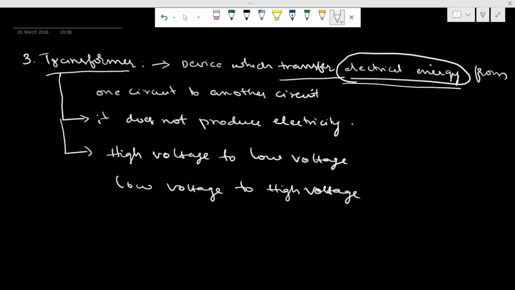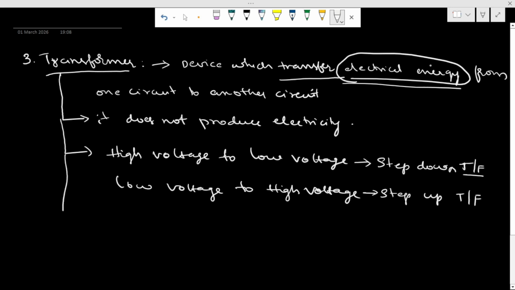One which transfers from high voltage to low voltage is called a step down transformer. One which transfers from low voltage to high voltage is called a step up transformer.